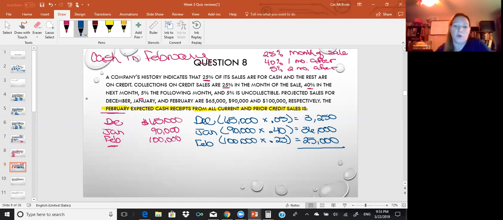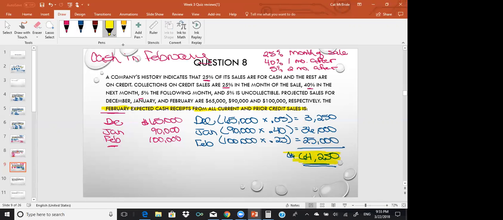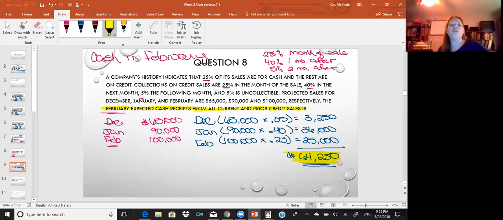So we're going to collect a total in cash in February of 64,250 from sales. That's the total, right? It asks you in February, what is the expected cash receipts from current and prior sales?